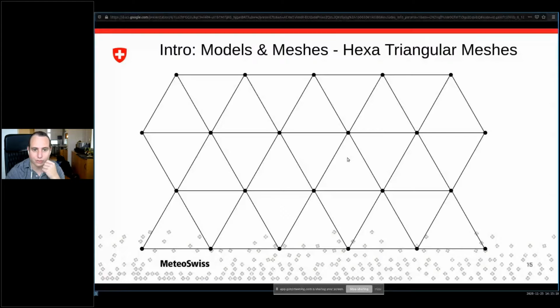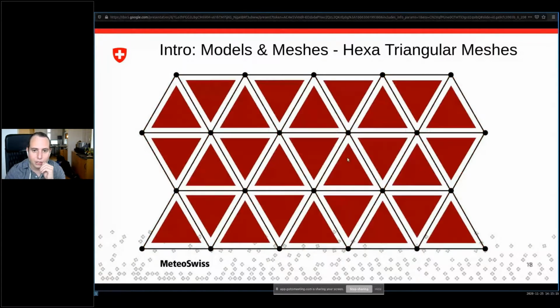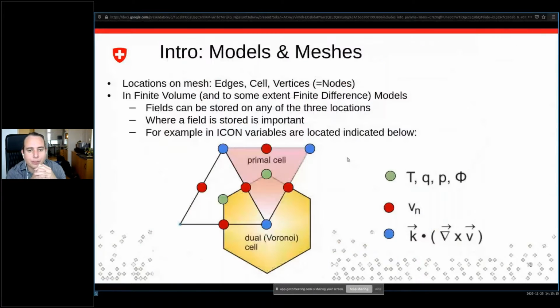We have the nodes, we have the edges, and we have cells. What is maybe not immediately clear is that different prognostic variables are going to be located on different entities. So you are not going to have a co-location of all variables on only nodes or only cells.